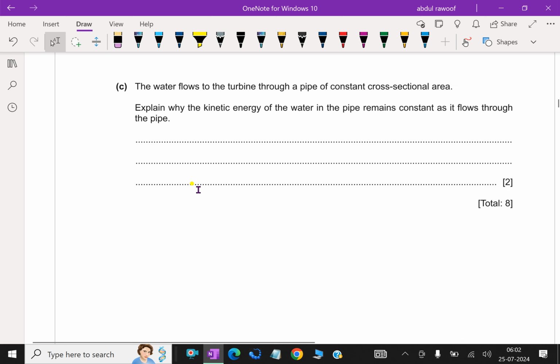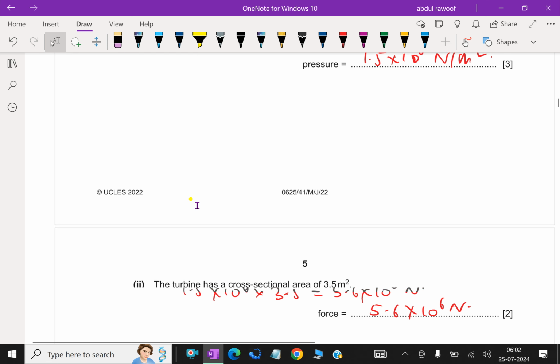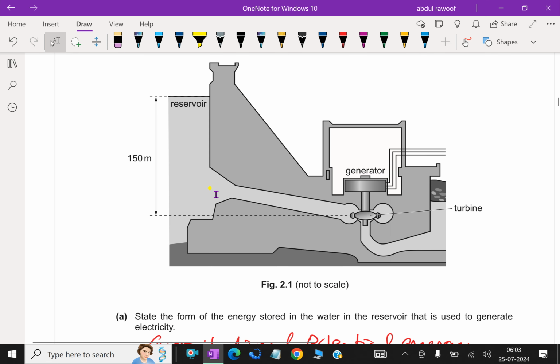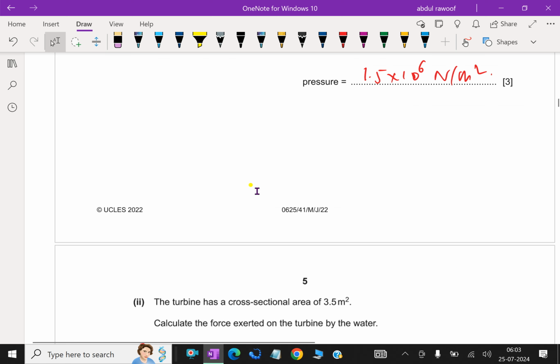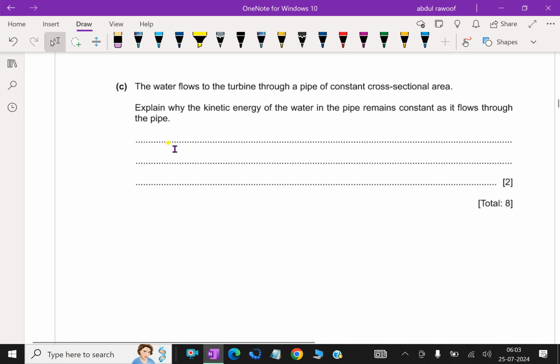Here, the speed of the water is mostly the same because the inclination is not much, the slope is very little. We assume the speed is constant, so the kinetic energy of the water in the pipeline remains constant.